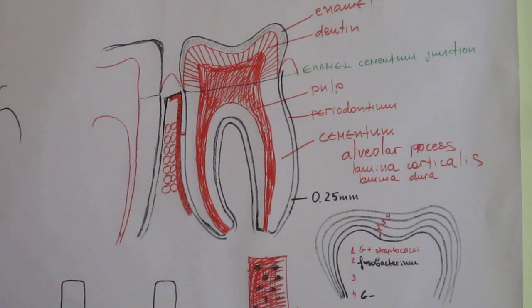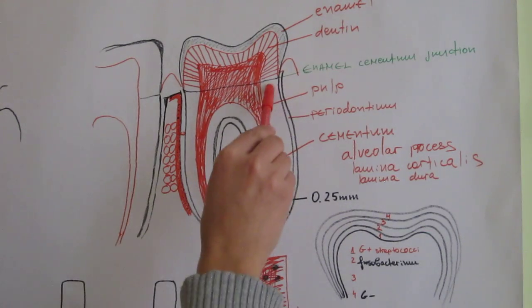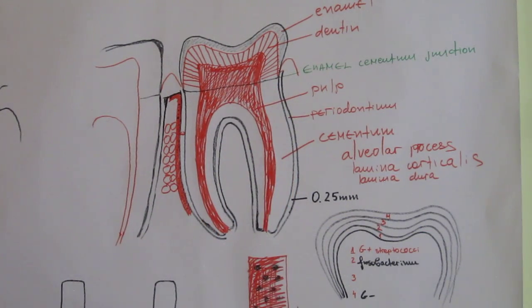So dentin and cementum are totally different structures. Cementum is less resistant to any bacteria. It has less protective function than the dentin.